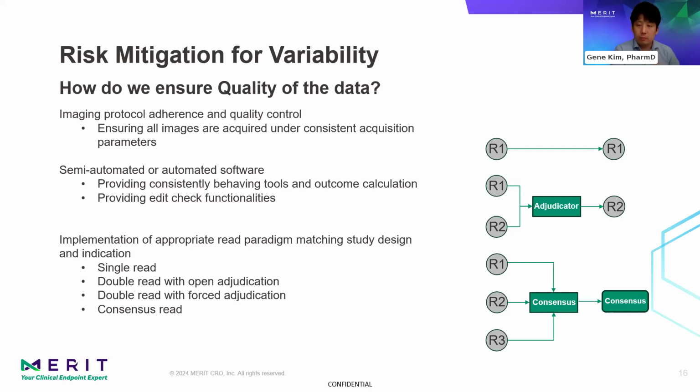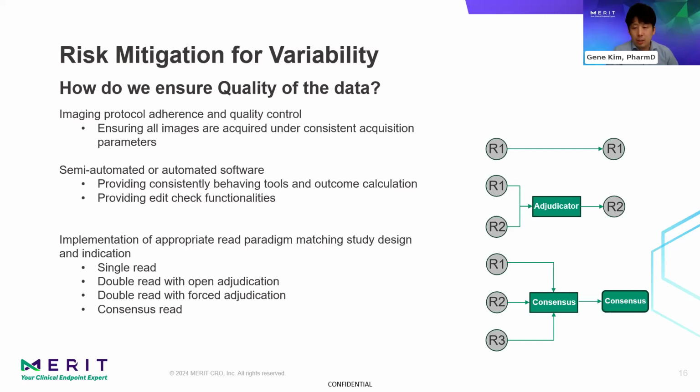the reader performance. Some disease states can be more complex, as we talked about earlier with some of the cancer types like glioma, which are complex in nature and have more discrepancies between the readers. In such cases, picking the right read paradigm to be deployed in the study will also help maximize the data quality.